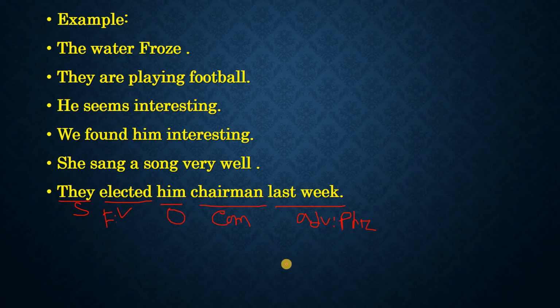So dear students, in this sentence I have got three elements in the predicate part. This is the predicate part. In this predicate part, I have got the elements object, complement, and adverbial phrase.